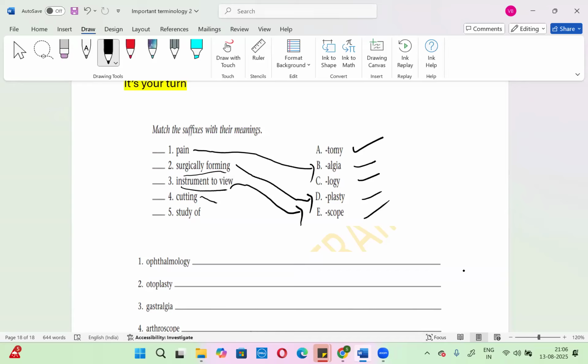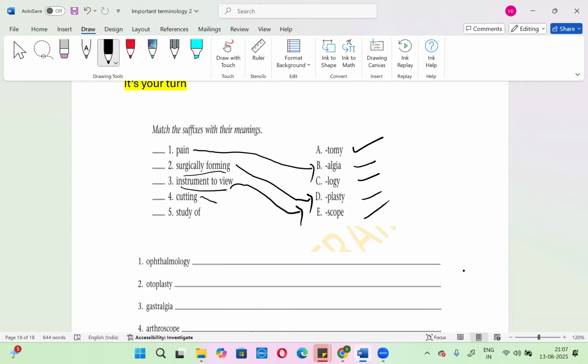What is cutting? Incision, cutting, another word. Try. Logy? Logy is a study, no? What is cutting?